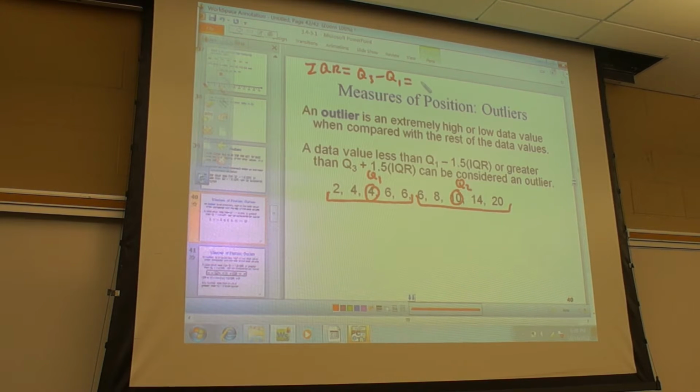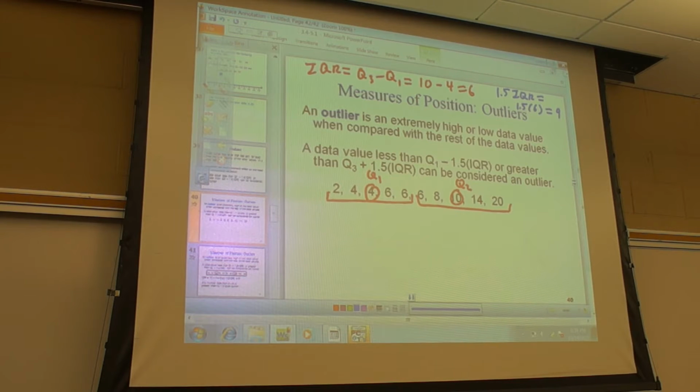Anyone? Yep, 10 minus 4, so it's 6. That's an IQR. But I want 1.5 IQRs. That's going to be 1.5 times 6, because 6 is my IQR. So it's going to be 9.